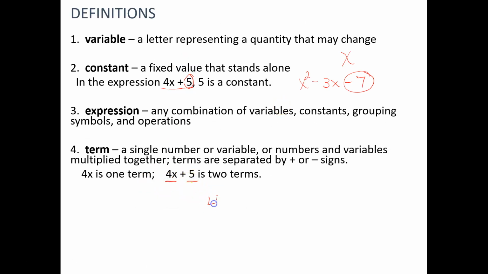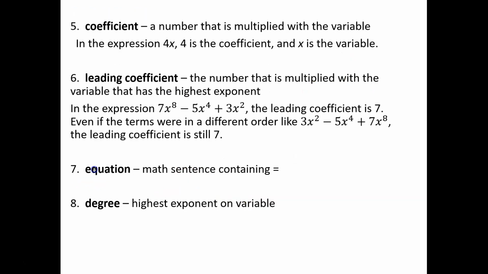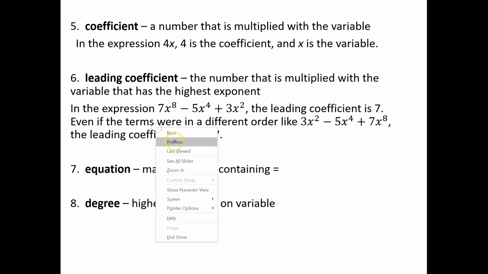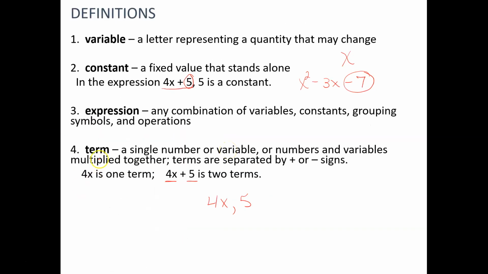So if you were listing them, they would be 4x, comma, 5. 4x by itself is just one term, even though there is a number and a variable, because they're multiplied together, it's only one term.